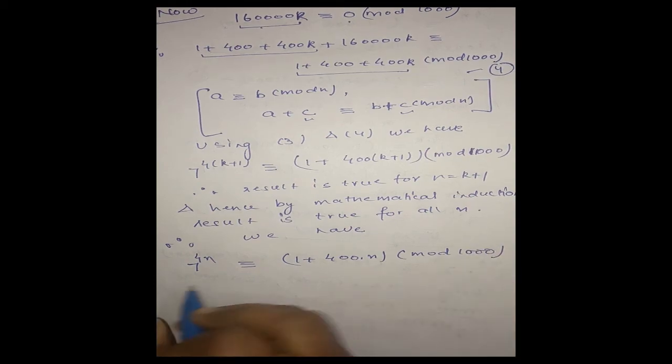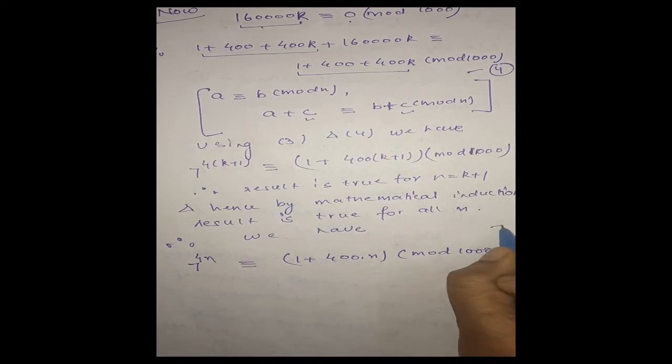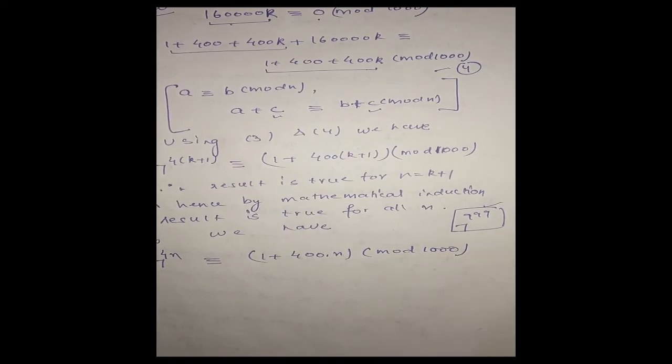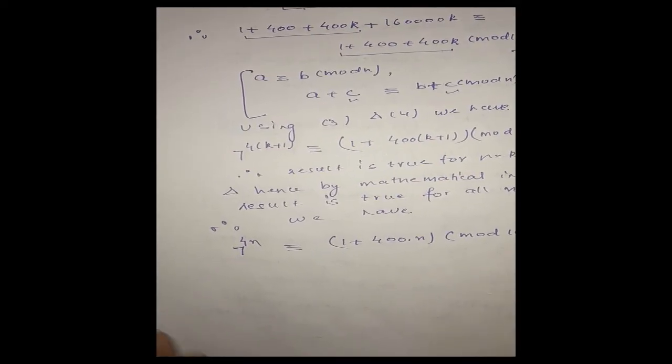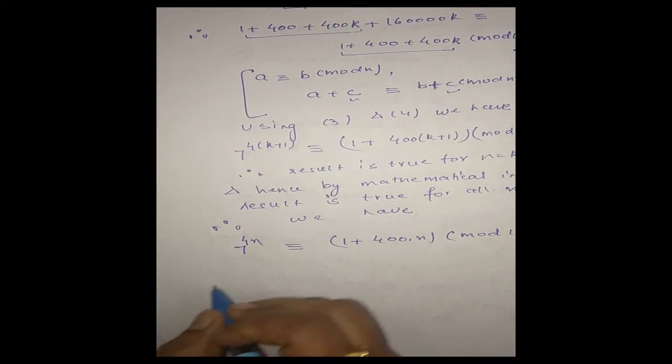Now we want to find the last three digits of 7 power 999. We want to reach 999, so we will divide 999 by 4 to get somewhere near 999.